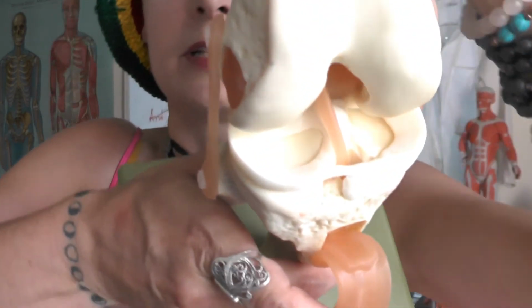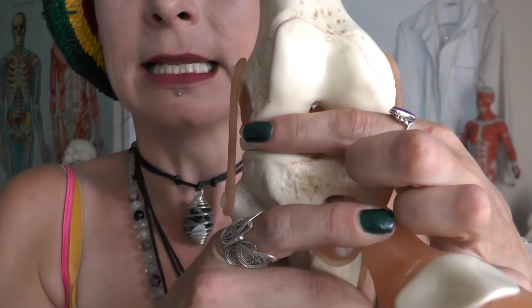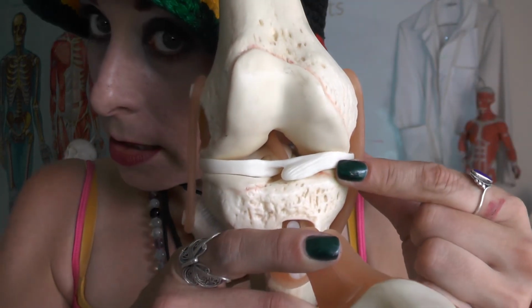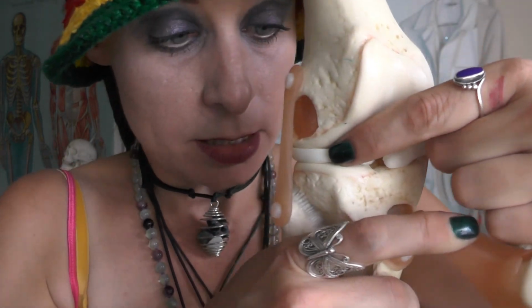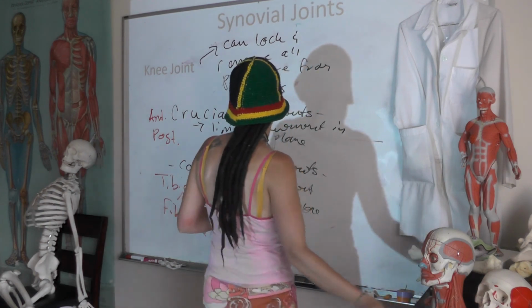Fibrocartilage, right? That reduce the compressive shock in this joint. So, medial meniscus, lateral meniscus. We're done with joints.